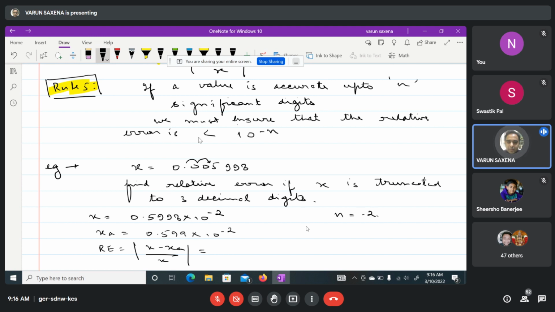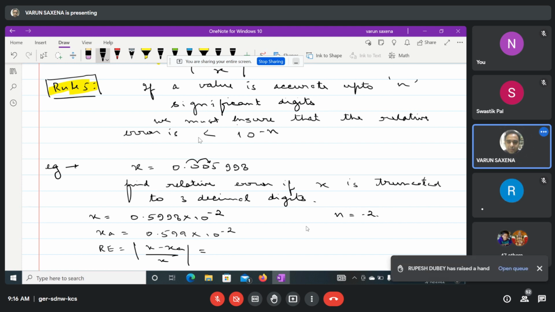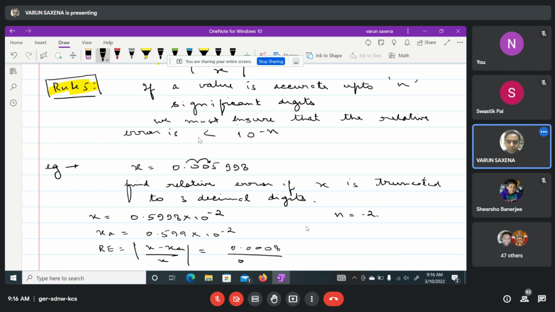Can anybody tell me what this value would be? So it will be 0.0008 divided by 0.59 mod. Now what is this value? Can anybody tell me?